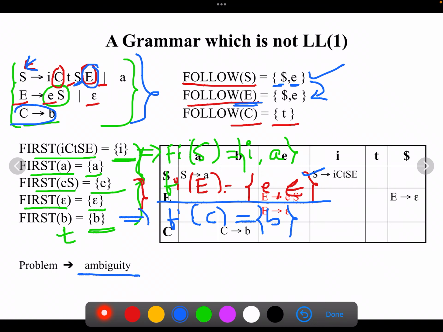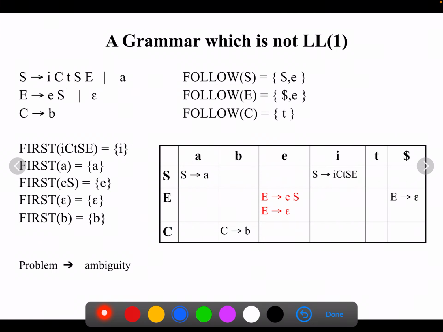Now for that table creation we have to see. So all the rows to be filled with the non-terminal, all the columns to be filled with a terminal symbol in the production. So A, B, E, I, small t and dollar are the terminals. Now S on E. So how to start is, we have to look into the first set.